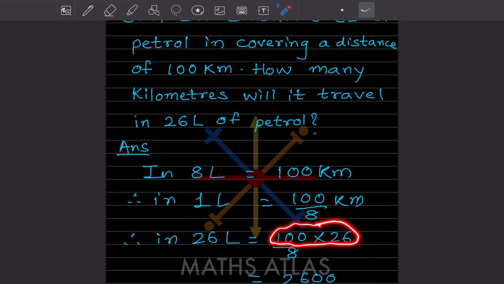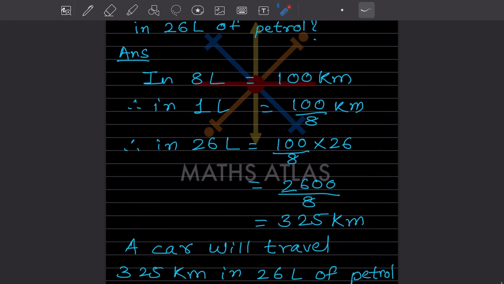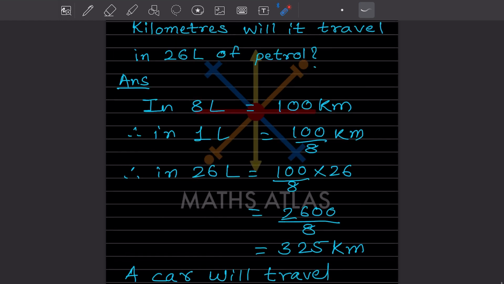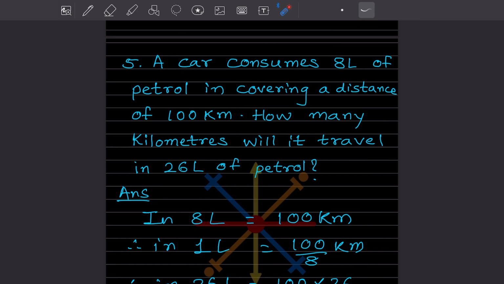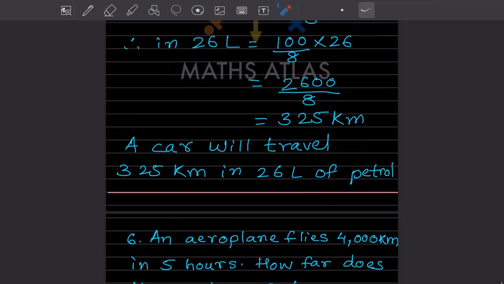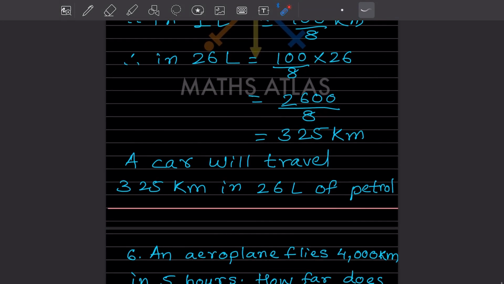So it is going to be 2600 divided by 8, and when you divide this, you get 325 kilometers. So what did they ask here? How many kilometers will it travel in 26 liters? So a car will travel 325 kilometers in 26 liters of petrol.